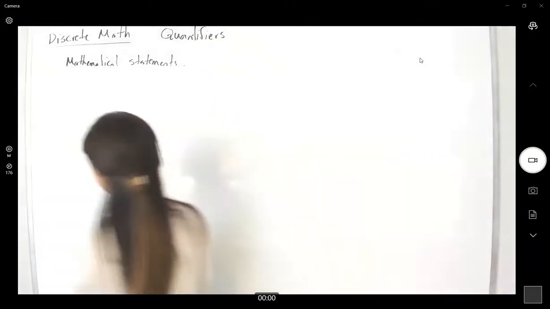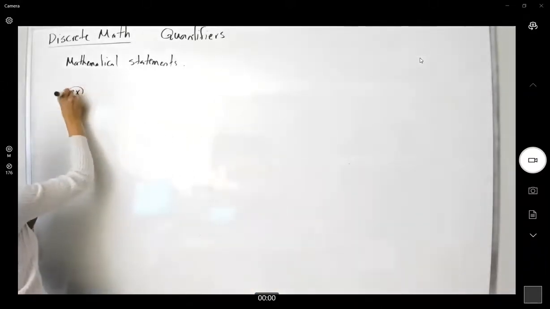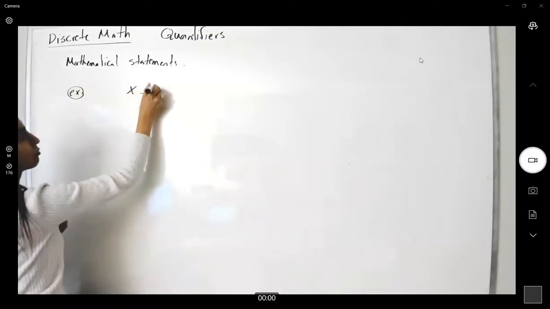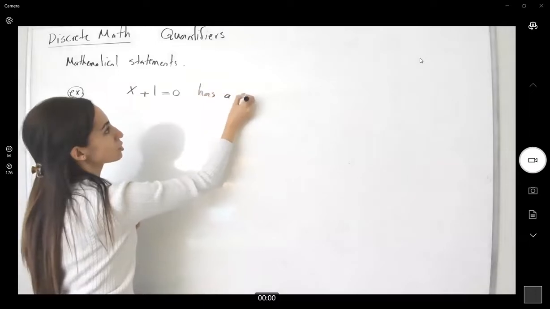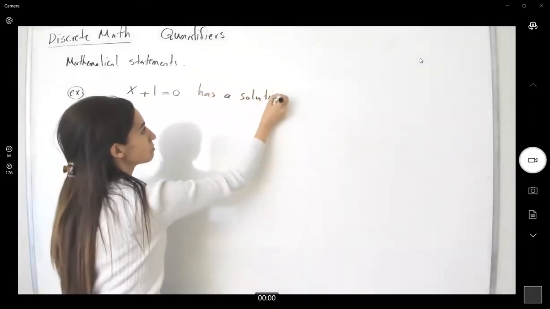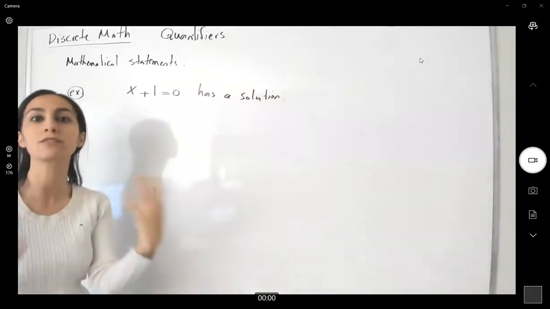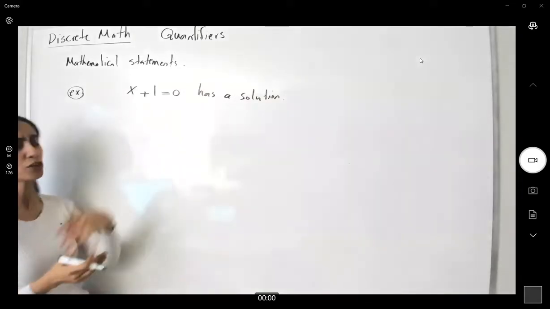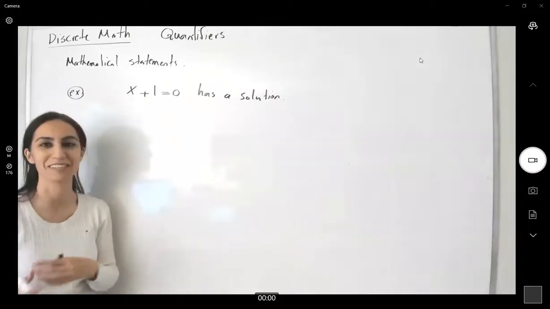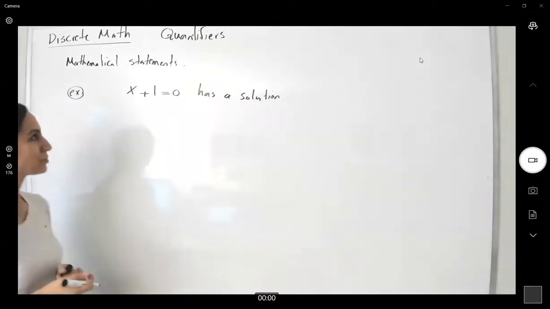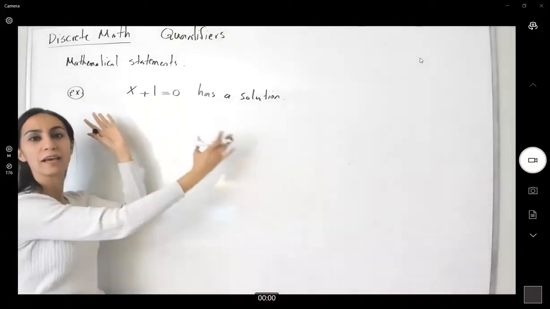Very well. So we have some statements that apply to all variables or all objects. For example, suppose I write this as x plus 1 equal to 0 has a solution. This is a statement. You can easily solve this equation, and the equation has a solution which is -1. You already know that. This is just a super easy pre-algebra equation. So in general, we write it this way.